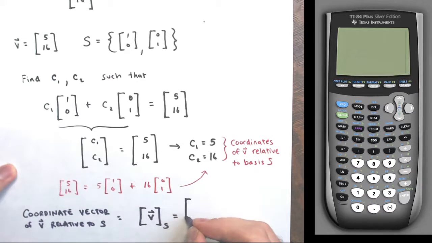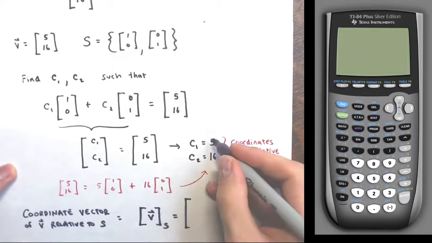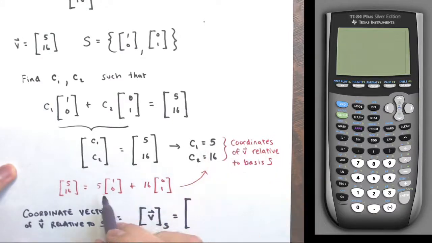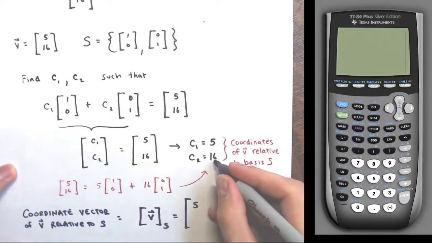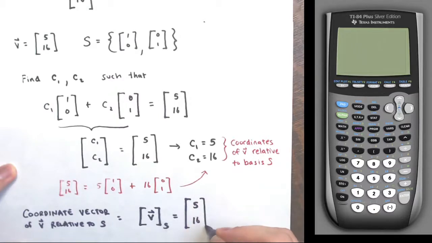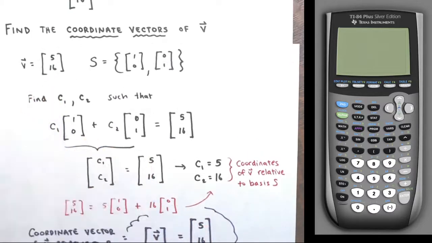It's just a column vector, which in the first component has the first coordinate, the scalar multiplied by the first vector in the basis, so 5, and the second component is the second coordinate, 16. Okay, so that's part 1. Again, this tells me I take 5 of the first vector, add 16 of the second vector, and I get the vector in question from R2.